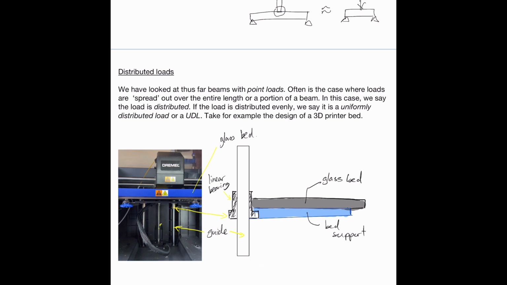So we have a cantilever, we have the bearing, we have the glass bed, and the support. This glass bed is now a distributed load over the bed support. So the bed support, or whatever structure inside that makes up the bed support, will be a cantilever beam, cantilevered off, with a uniformly distributed load, or UDL. So we have distributed load and uniformly distributed load.